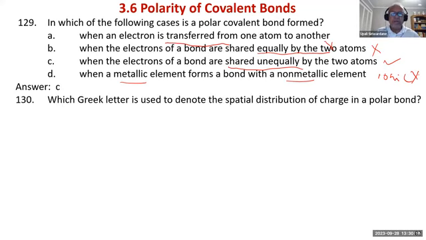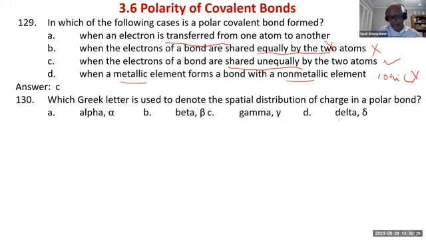Which of the Greek letters denotes spatial distribution of charge in a polar bond? We already talked about delta. That should be the answer. Delta is used to indicate the spatial distribution of charge in a polar bond.